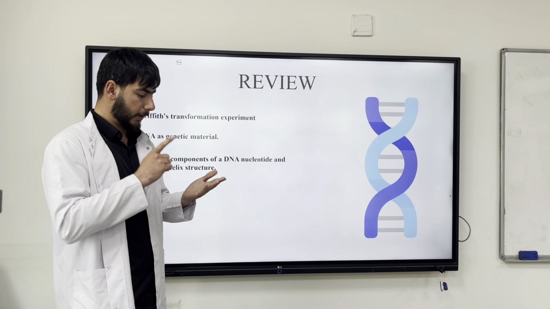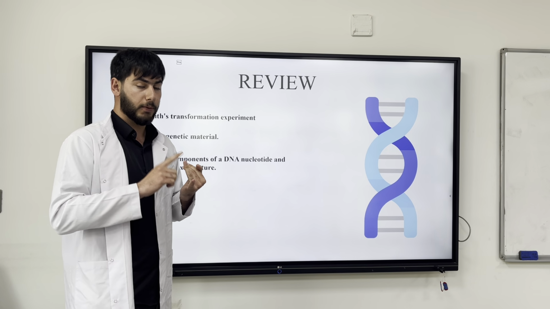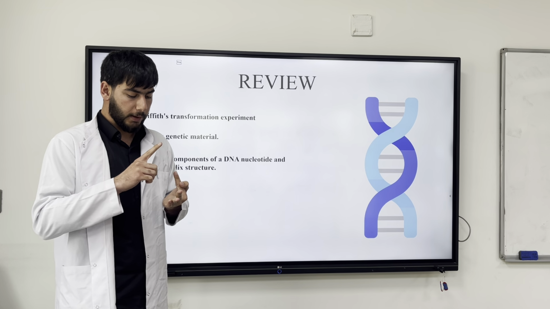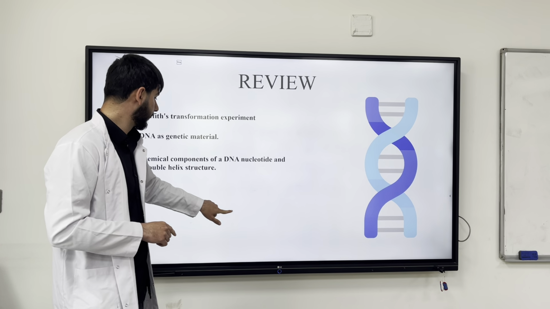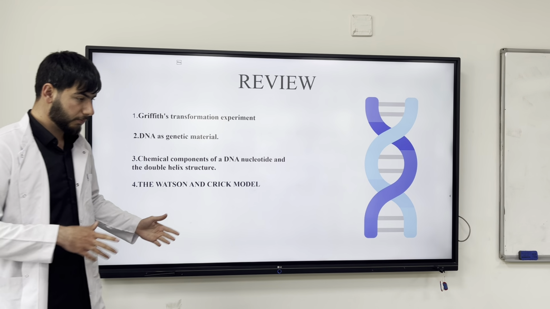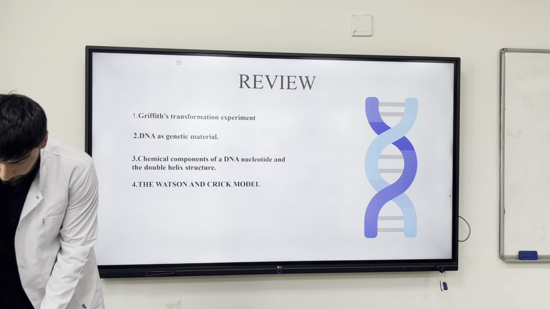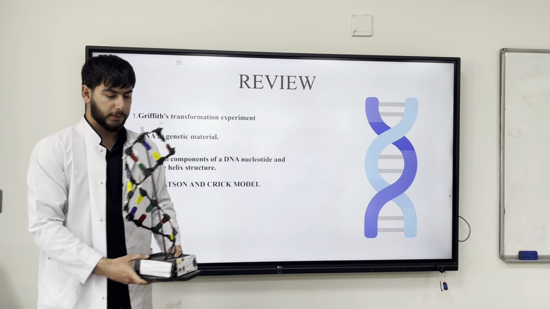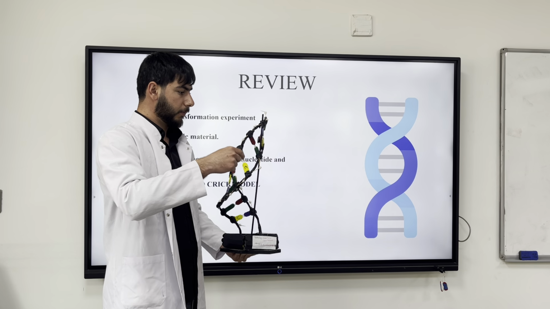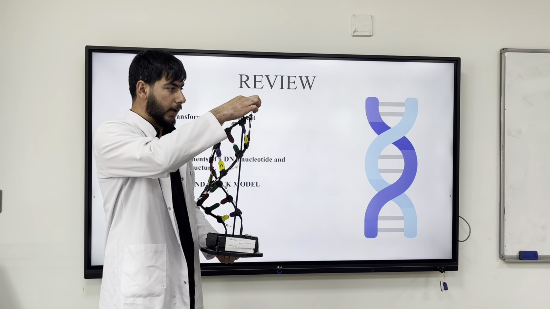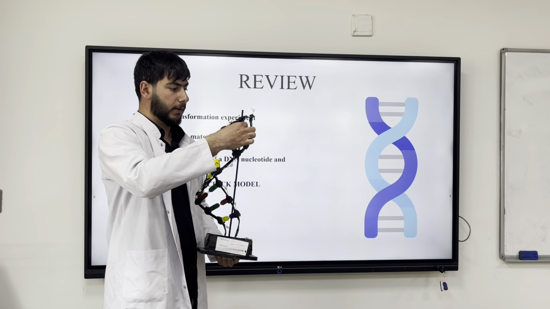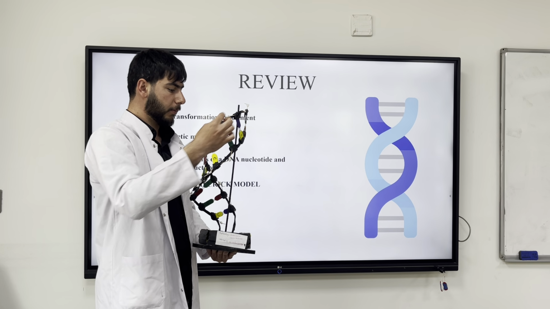In the nucleotide we have a phosphate group, a 5-carbon sugar, and a nitrogenous base. The Watson and Crick model: we have the twisted ladder, with the backbone composed of the phosphate group and sugar, and the bases.